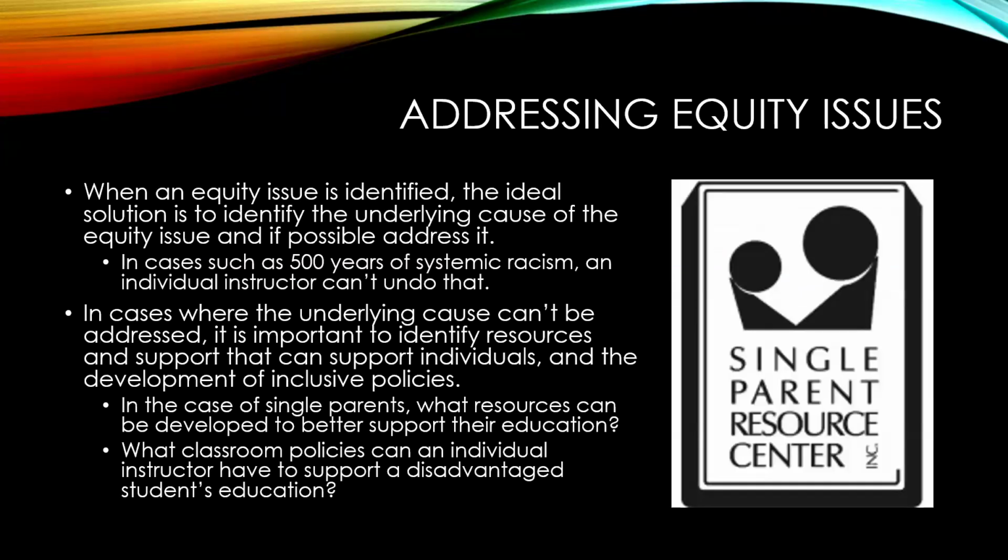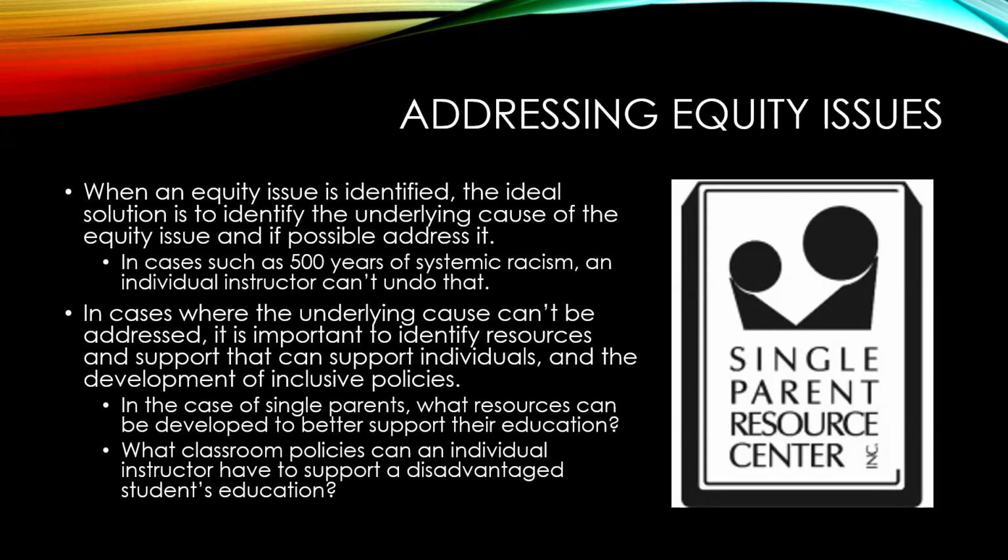Well, when an equity issue is identified, the ideal solution is to identify the underlying cause of the equity issue and, if possible, address it. In cases such as 500 years of systemic racism, an individual instructor can't undo that. In cases where the underlying cause can't be addressed, it is important to identify resources and support that can support individuals and the development of inclusive policies.